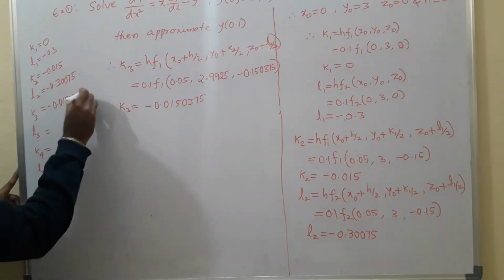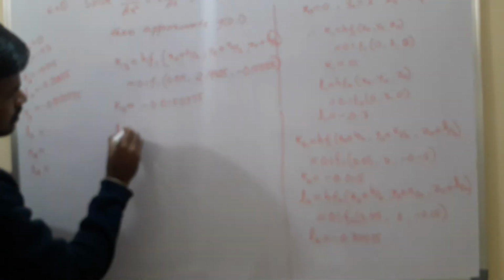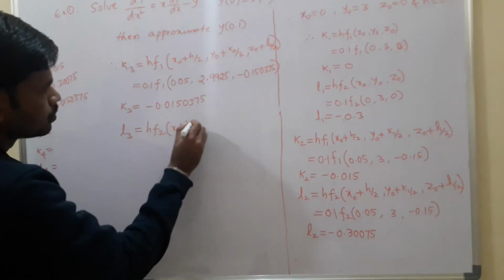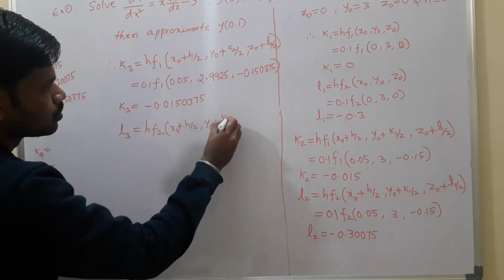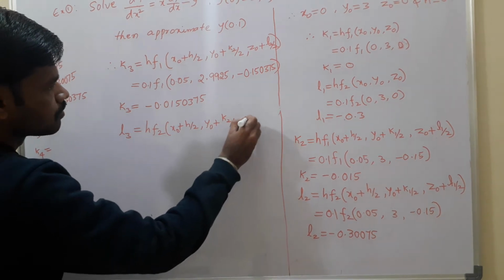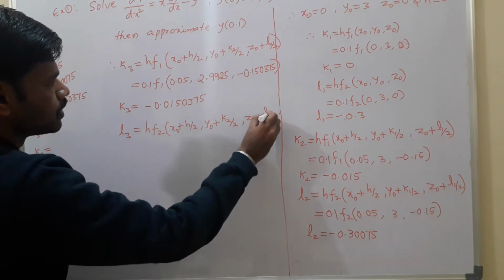K3 is minus 0.0150375, and L3 equal to h into F2 of x naught plus h by 2, y naught plus K2 by 2 and z naught plus L2 by 2.